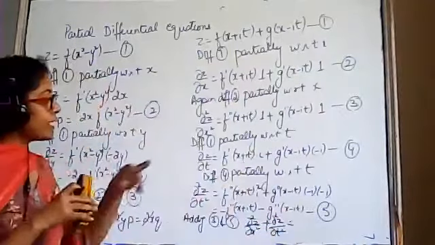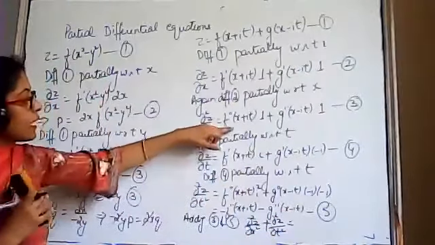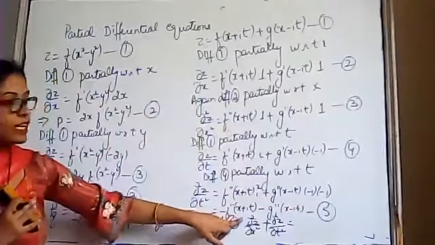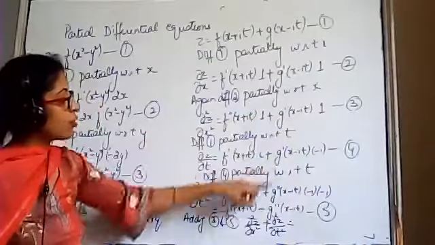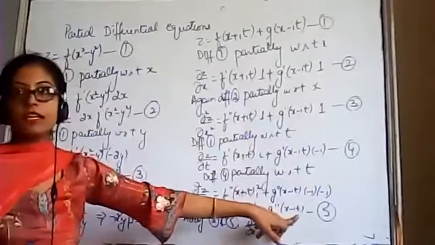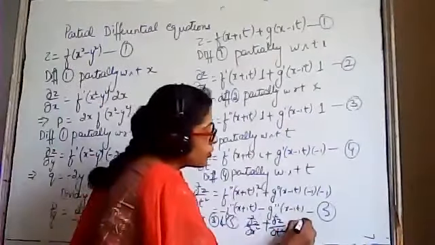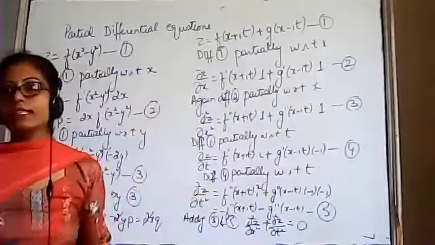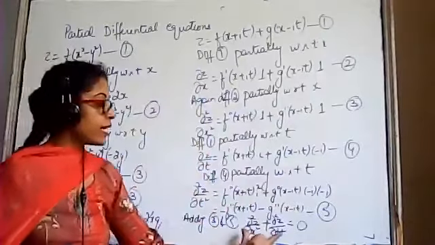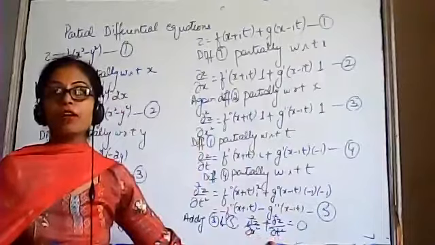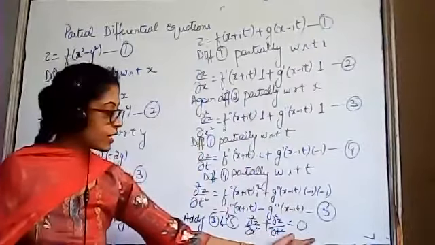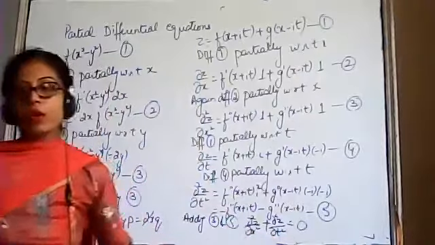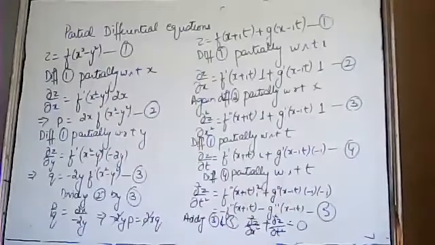In the right hand side, these terms will be cancelled out: f double dash x plus iota t minus f double dash x plus iota t, similarly g double dash x minus iota t minus g double dash x minus iota t. So we will get 0 on the right hand side. In the same way, we get a differential equation which is independent of functions. अब यहाँ पे हमारे पास कोई भी functions नहीं है, ठीक है? So this is our required partial differential equation.